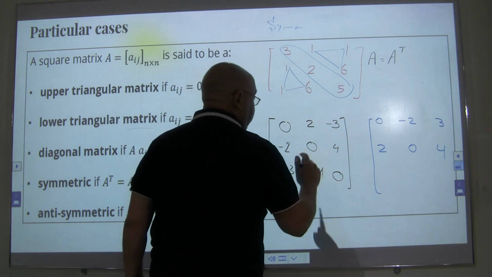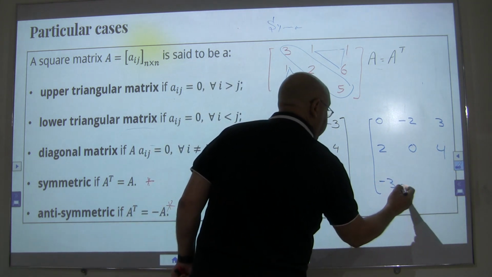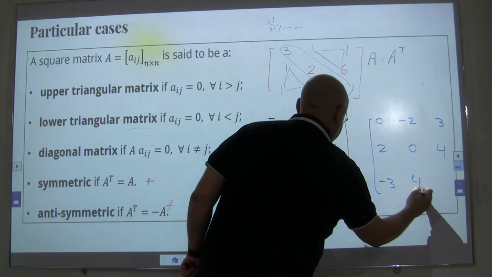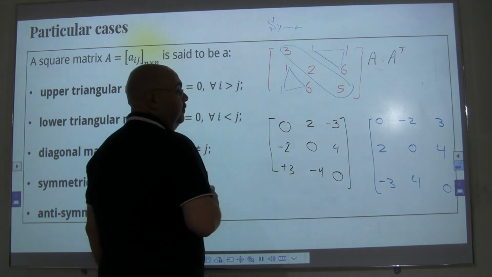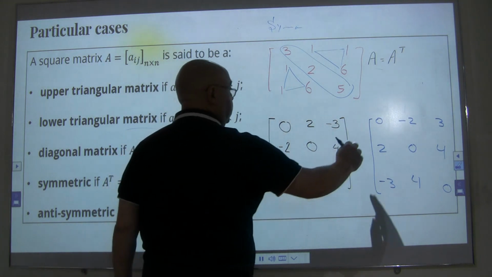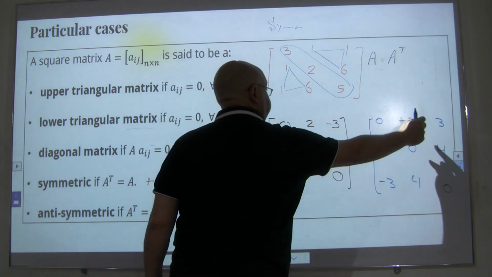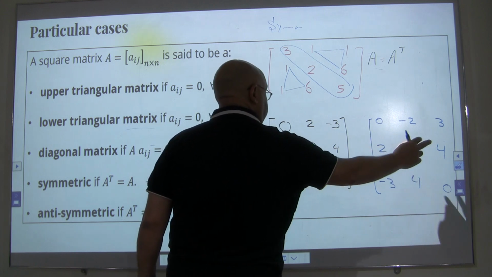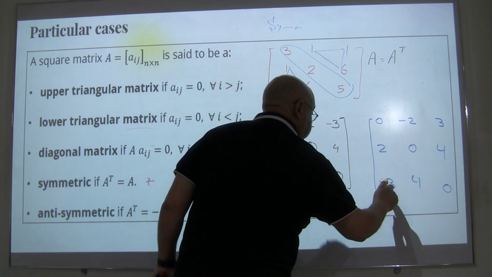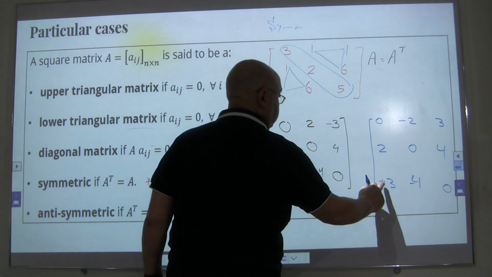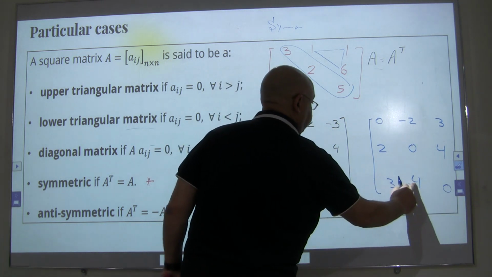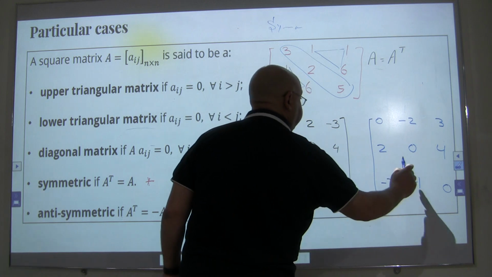Then you will have negative 3, then 4, then 0. Look at this one, look at that one. But isn't the 4 supposed to be negative? Okay. 0, negative 2, 3. This is 2, 0, and 4. This is positive 3, negative 4, and 0. No, that's not right. Negative 3, 4, and 0.